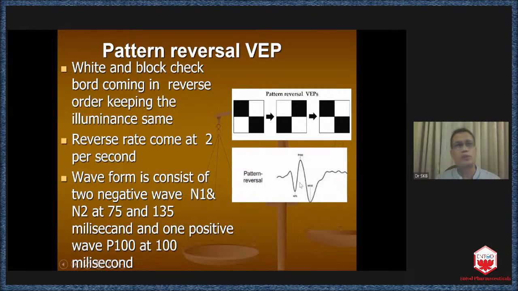This is called latency, which is prolonged in inflammatory optic nerve conditions. Then amplitude is the height of the wave from the baseline. This amplitude is reduced in some conditions like ischemic optic neuropathy, NAION and AION. In NAION, AION, you will not get prolongation of implicit time, but the amplitude will reduce. On the other hand, in inflammatory optic nerve conditions like optic neuritis, you will get prolongation of these implicit times.